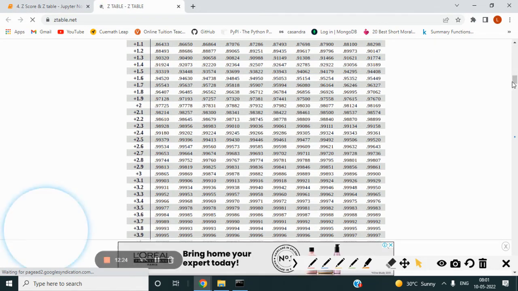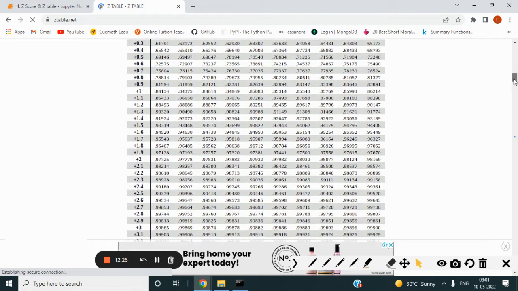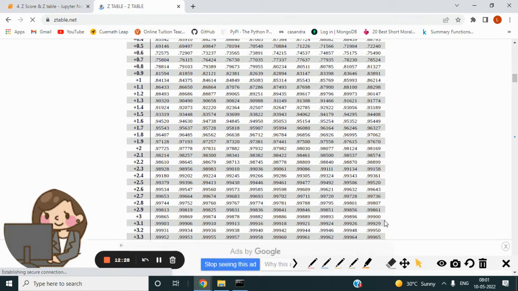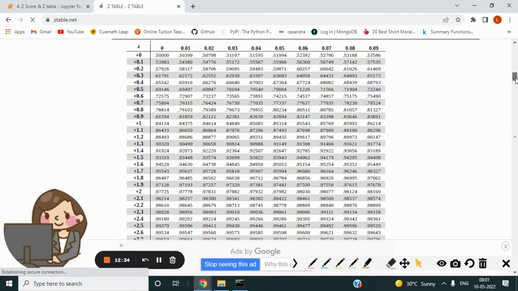So here we have the positive z table. So let's close this also. So 2.5, it is just 2.5, right? So what you will have to do is, 2.5 and 0, it is 2.50. 2.5 means 2.50. So this is the corresponding value under it, that is 0.99379.